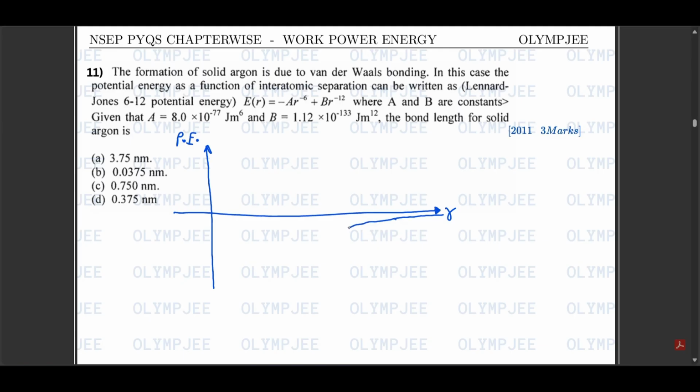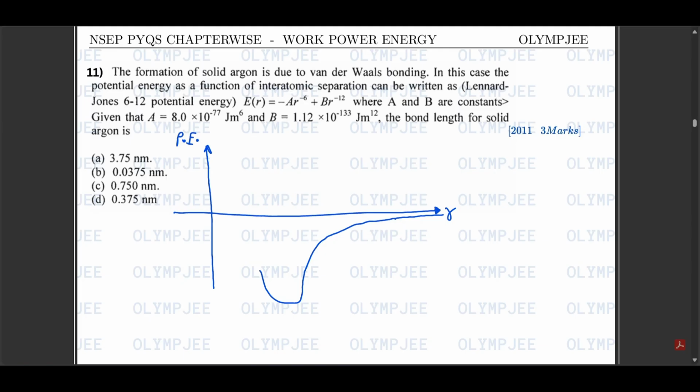So the potential energy will reach a minima somewhere and then it will start increasing again, because as the distance between the particles decreases beyond the bonding length at which the potential energy was minimum, repulsive forces start to dominate over attractive forces.